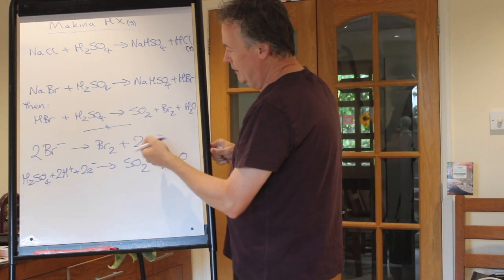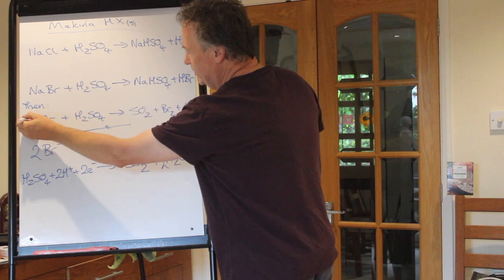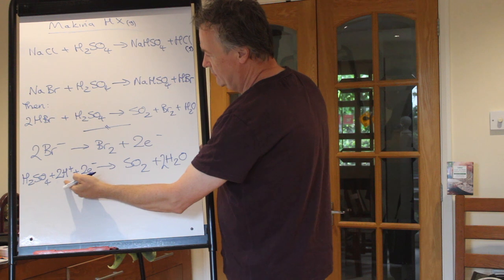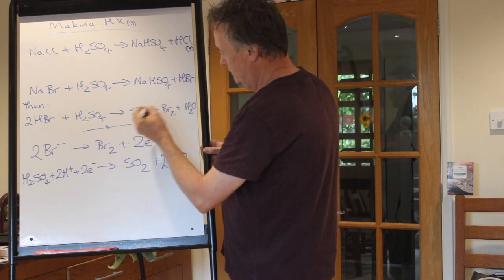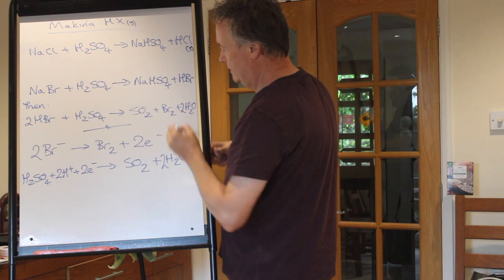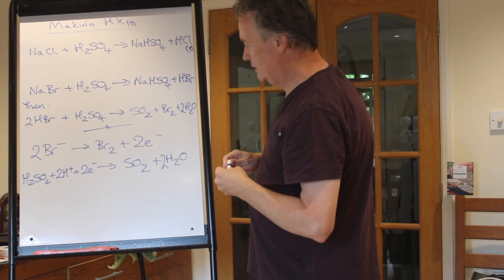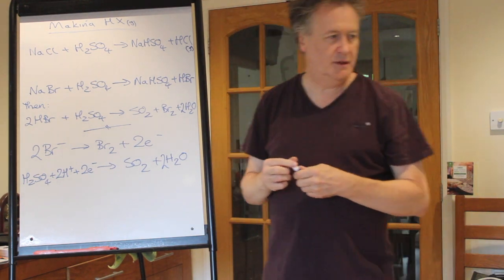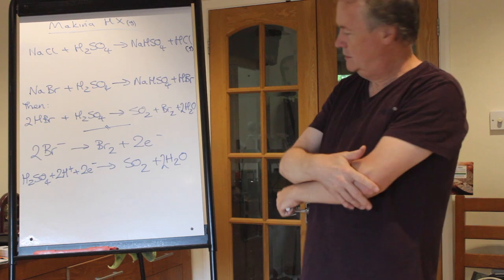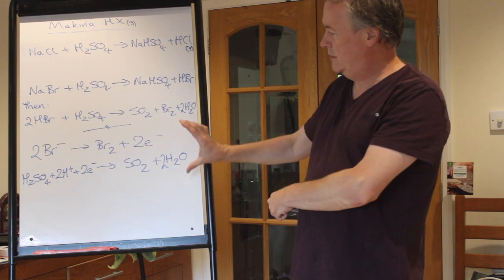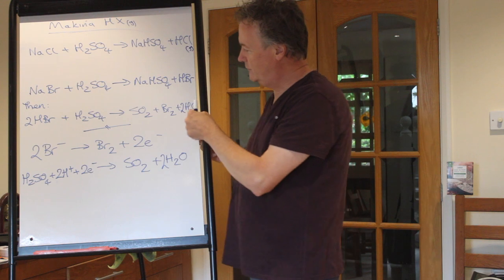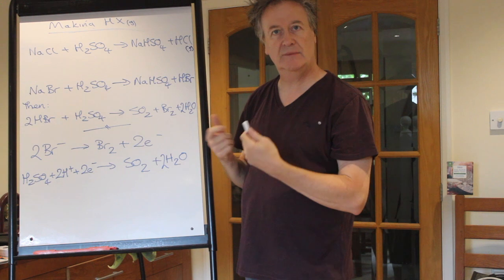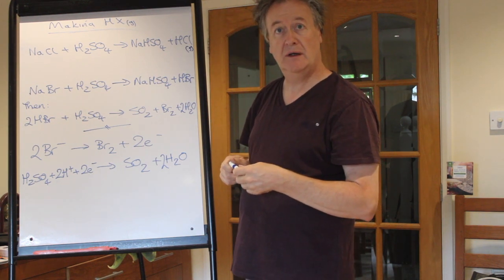So it's going to be two bromides coming from 2HBr, single H2SO4, and then what you get is two of those. You put all those together and there's your reaction. It's about condensing together half equations into an overall balanced equation. I need to clean the board to do the iodide because it's slightly different. I'll see you after the join.